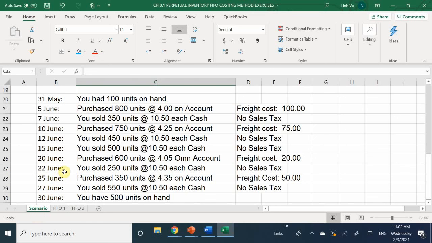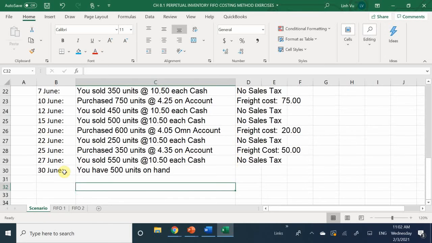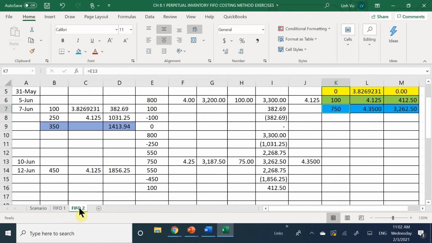All right. Then what happened on June 15? We sold another 500 units. So this one's pretty straightforward just because we only have, well, actually, no, we still have 2 batches left. So we're going to take 100 out of the green and then 400 out of the 750 to give us a grand total of 500 units that were sold.